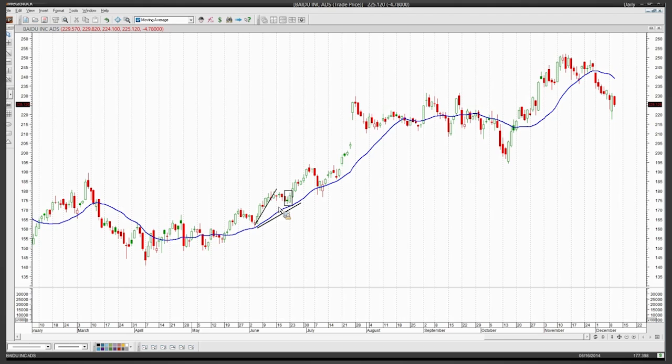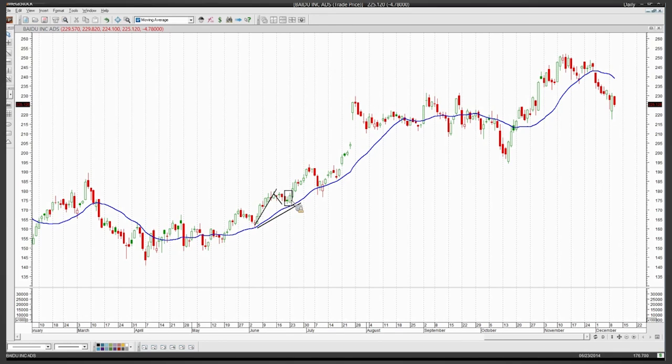Once you have that in place, you then wait for a pullback. Here it is. And then here you're looking for that reversal pattern, and as long as that 20-period moving average is still sloping, that slope is still intact, then this reversal pattern is telling you that this retracement is over and that the move is going to continue higher.